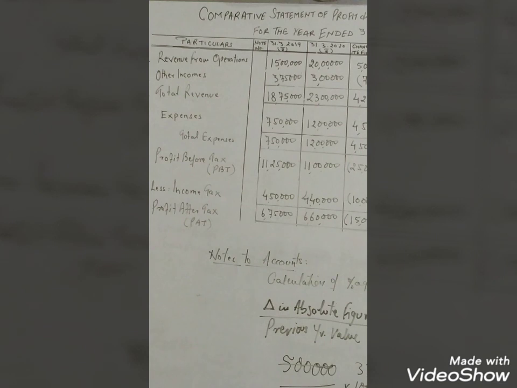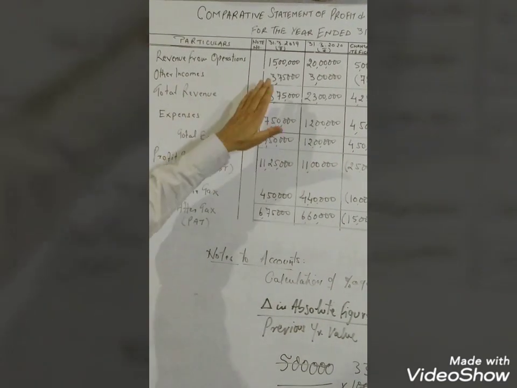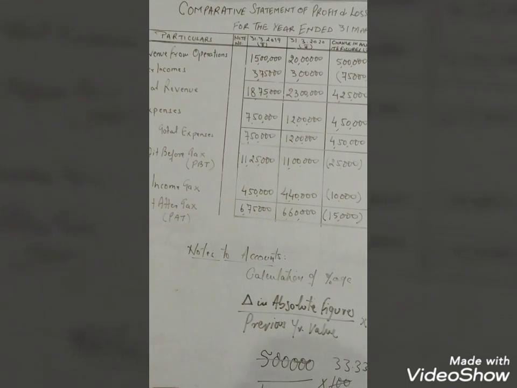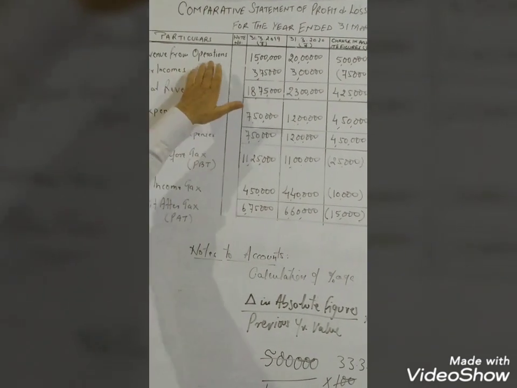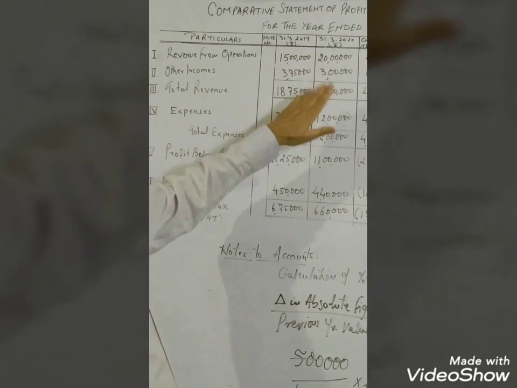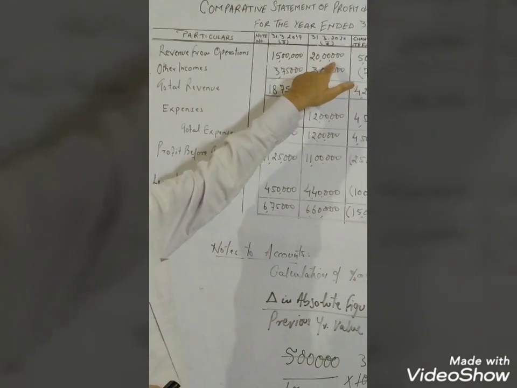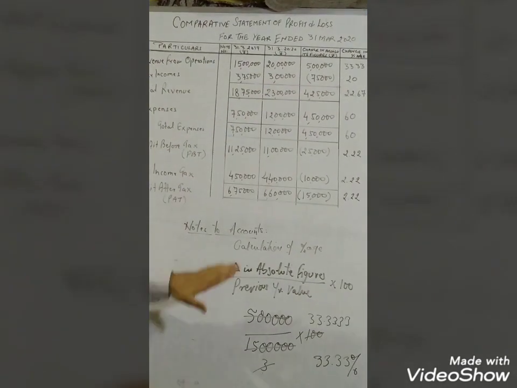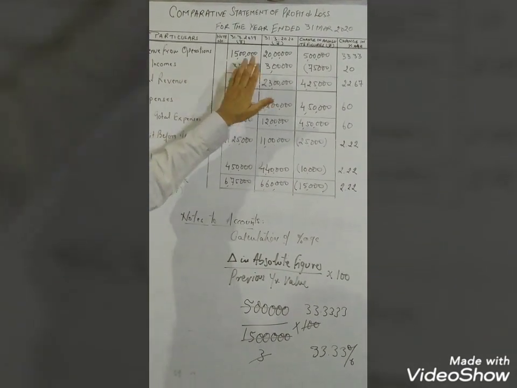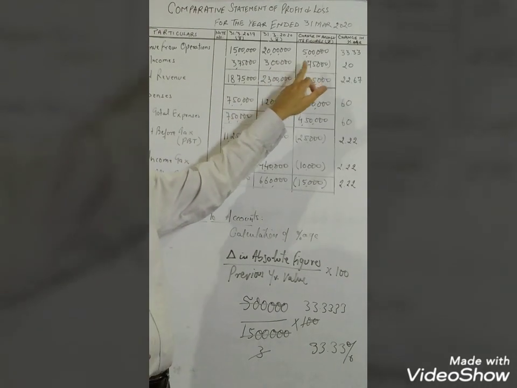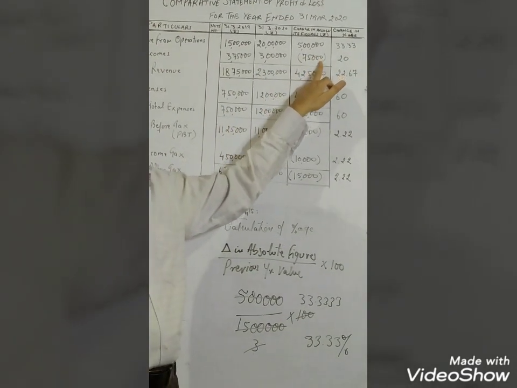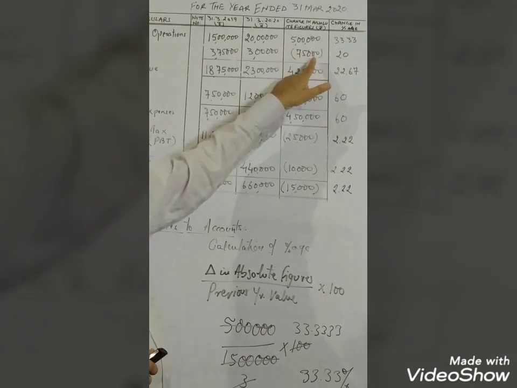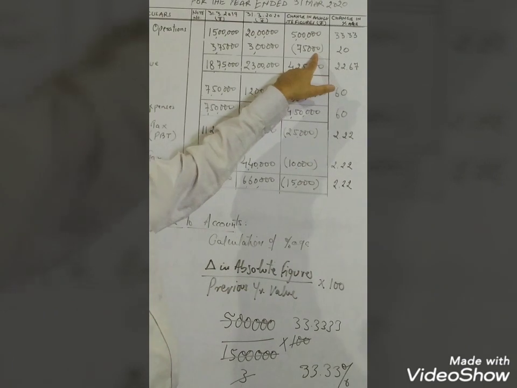And for the year 2020, this is 15% of revenue from operations, 15% of rupees 20 lakh. This works out to rupees 3 lakh. From 3,75,000 to rupees 3 lakh, there is a decrease of rupees 75,000. This decrease of rupees 75,000 will be shown within brackets since this is a negative value.